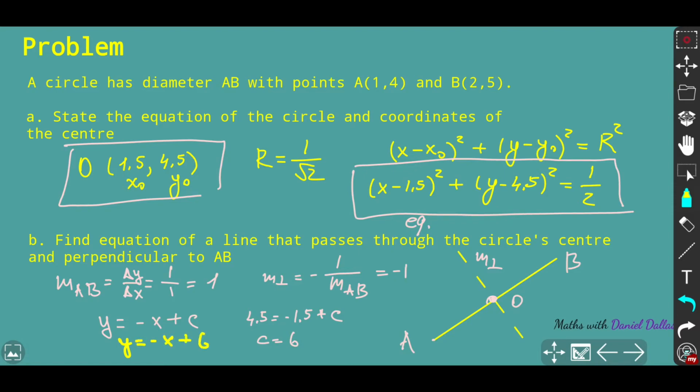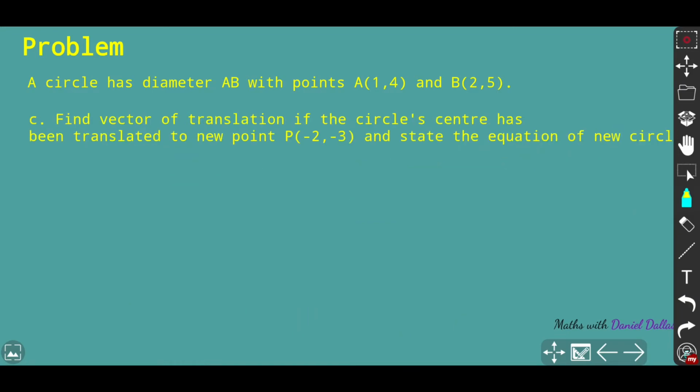Okay, that's going to be the final equation of the line that is perpendicular to AB. And we move to the last question: find the vector of translation if the circle center has been translated to new point P, and state the equation of the circle.